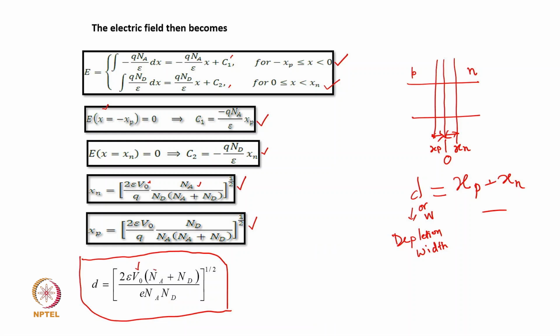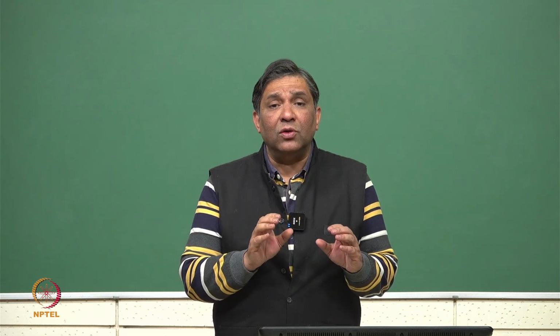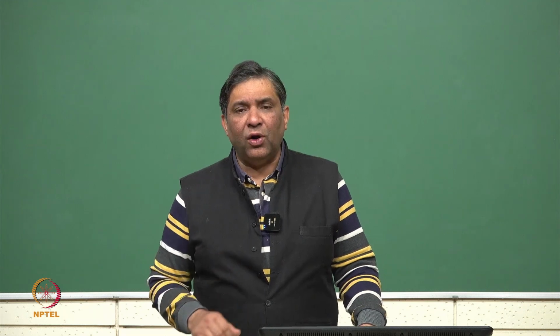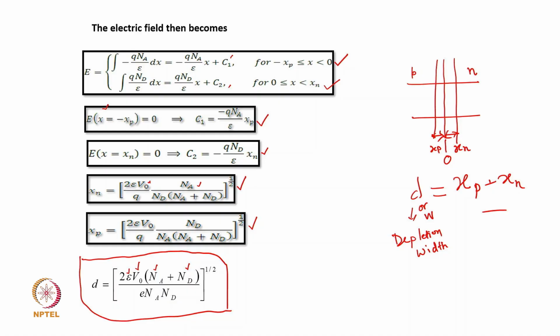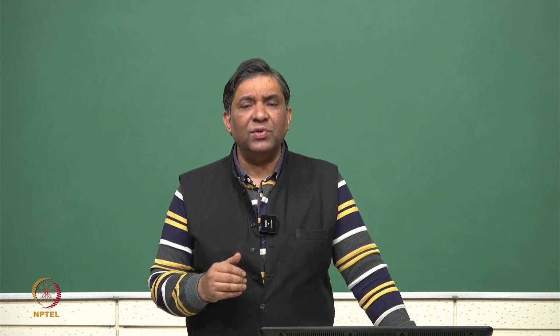It depends on the acceptor impurity concentration, the donor impurity concentration, and also on the dielectric constant of the material which we are using. All right. So, this is the first important physical quantity, derived mathematically, which is used for solar cell designing.